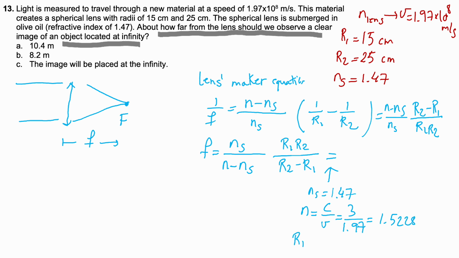Then radius 1 is 0.15 meters, and the second radius is 0.25 meters. When we plug in all the values, we get 10.4403 meters. So the correct answer is the letter A for this multiple-choice problem.